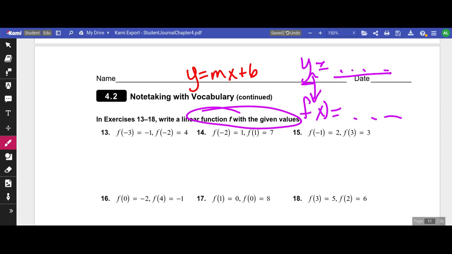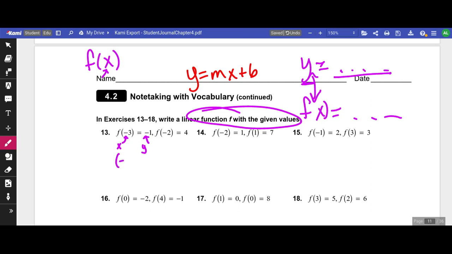So it's saying I've got f of -3 is equal to -1. Whatever is inside your parentheses in f of x, that's your input. And it's saying when I input that -3, my output is -1, that's my y.